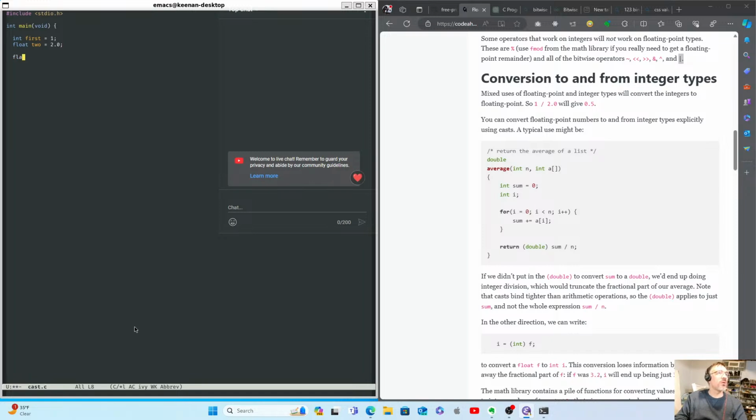Float result, or I can just print that, right? printf percent d percent n, and then we could do first divided by second. Return 0.